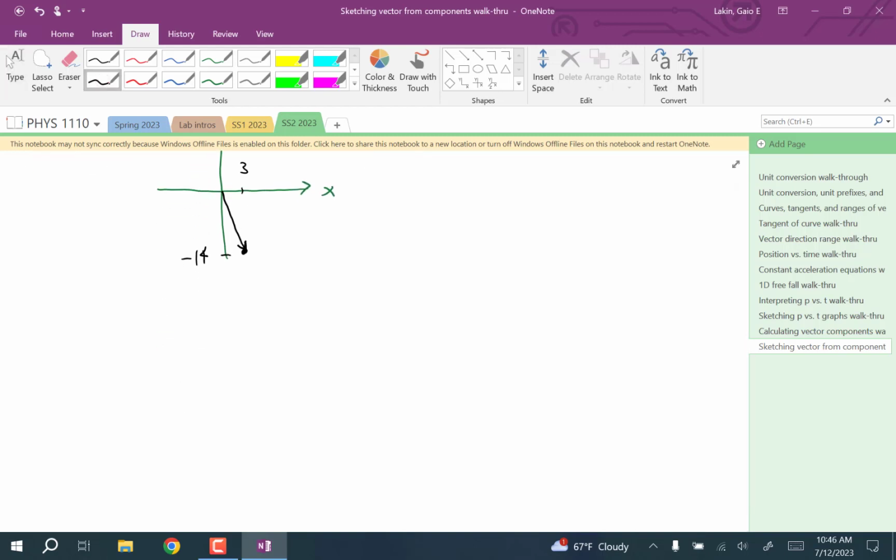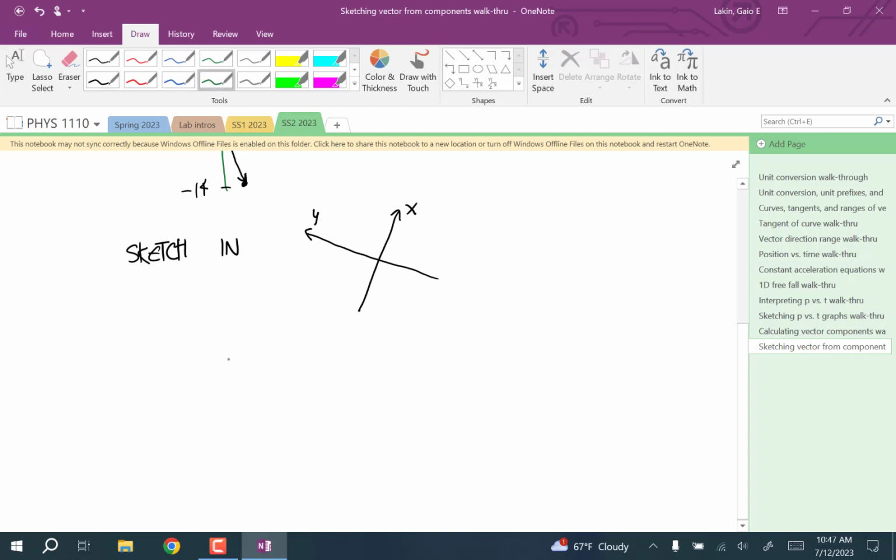So if you happen to know, so let's say instead that we want to sketch this in a coordinate system like this. Okay, how would you do that?